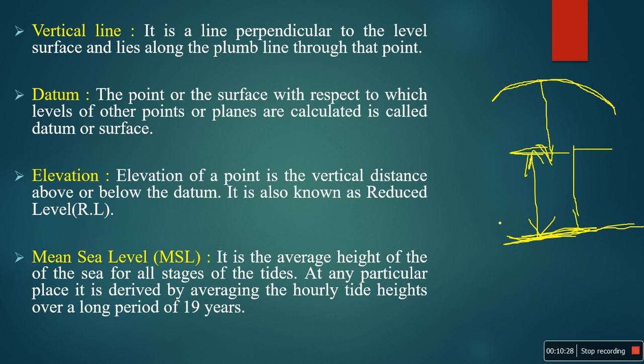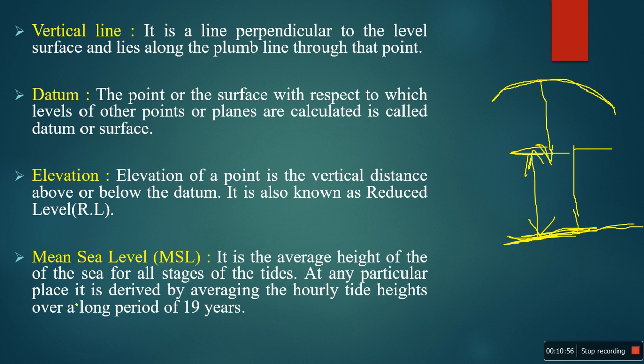Okay, so that's why, with the reference of the sea level, over 19 years of observation on the surface of the sea, on that basis they have taken the height of the sea from below the sea level, from that to the level surface, and it is called the mean sea level.